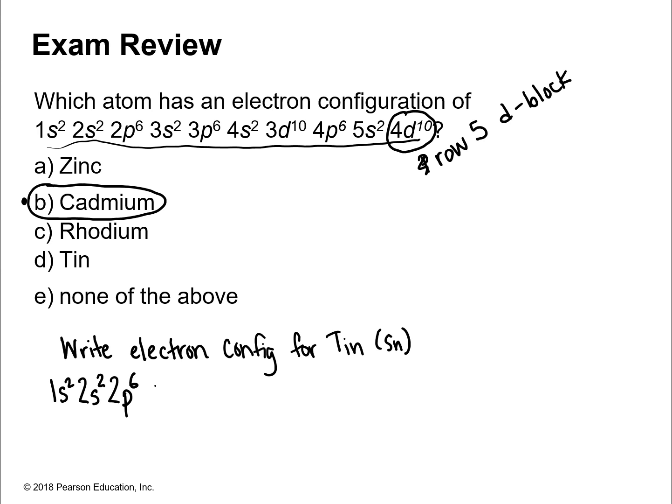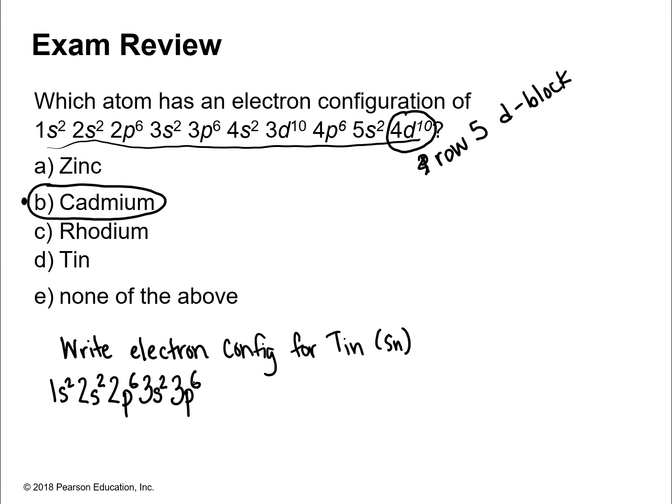Now that we've filled all the spaces in energy level 2, we're going to move on to the third energy level and fill the 3s. Walk across to the p block and fill that. We're still not at Sn yet. Sn is in the 5th row.